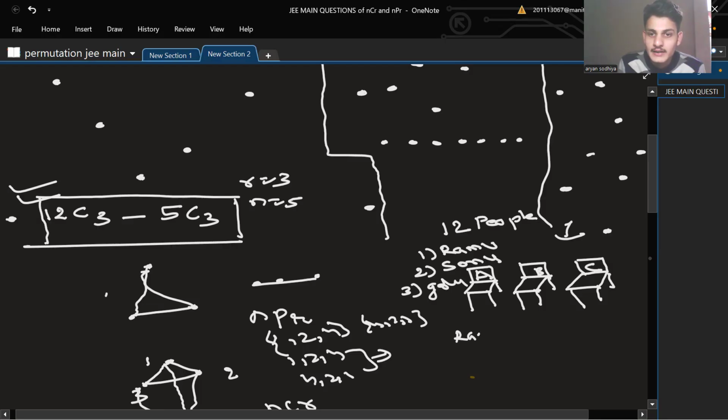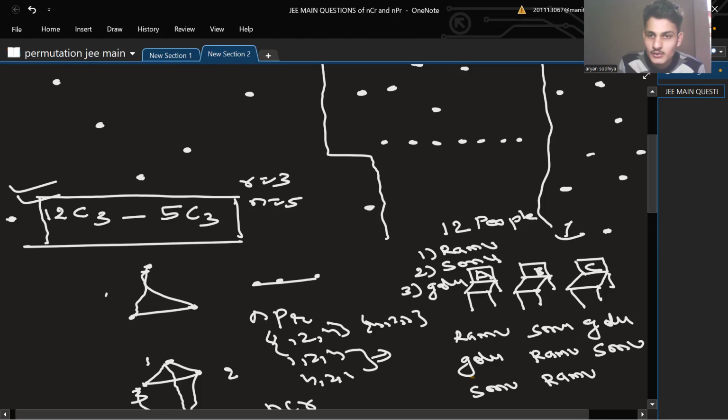So Ramu is sitting here, Sonu is sitting here, and Golu is sitting here. In one scenario, Golu is sitting here, Ramu is sitting here, and Sonu is sitting on C. In another scenario, Sonu is sitting here, Ramu is sitting here, and Golu is sitting here.